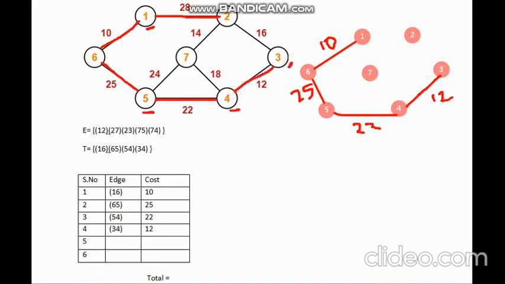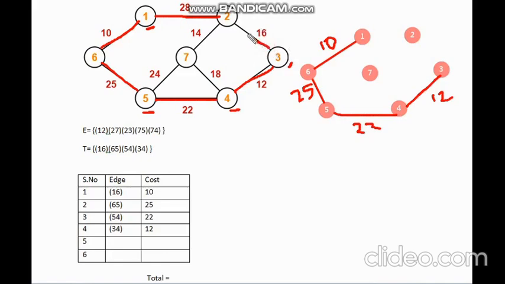Now I'm at 3. From 3 to 2 is there, and from 4 to 7 is there. Okay, then from 5 to 7 is there, and from 1 to 2 is there. 28, 24, 18, 16, which is the least? 16 is the least, right?